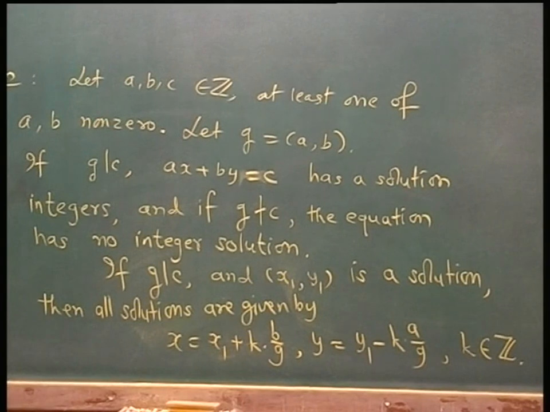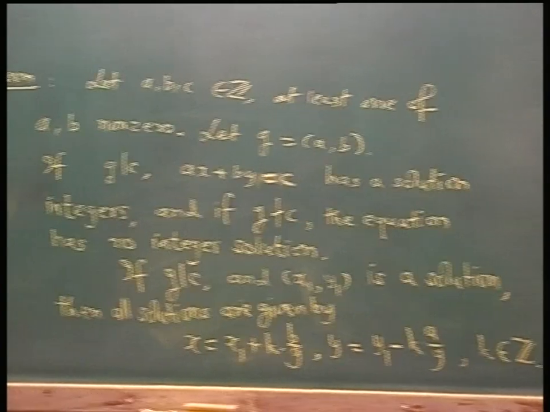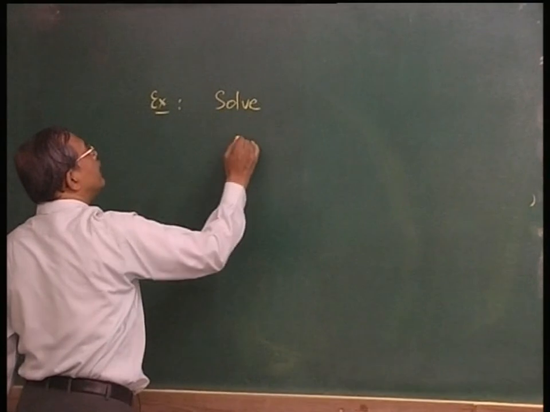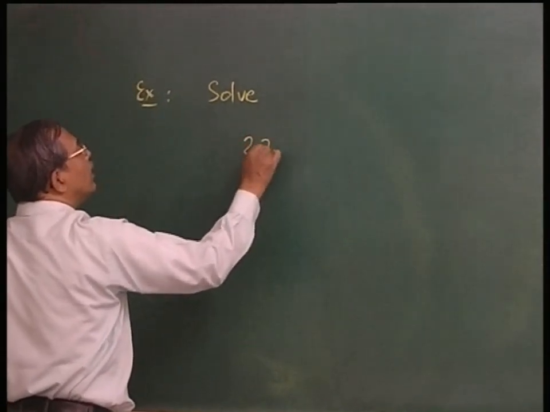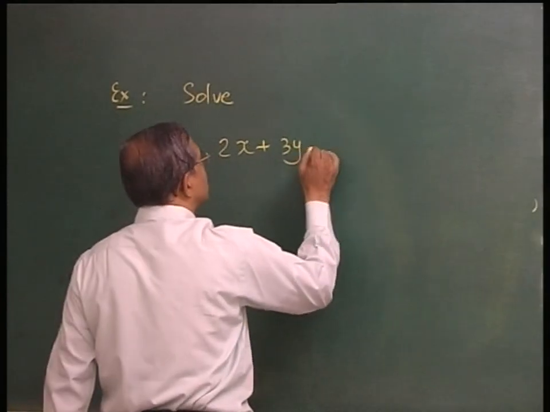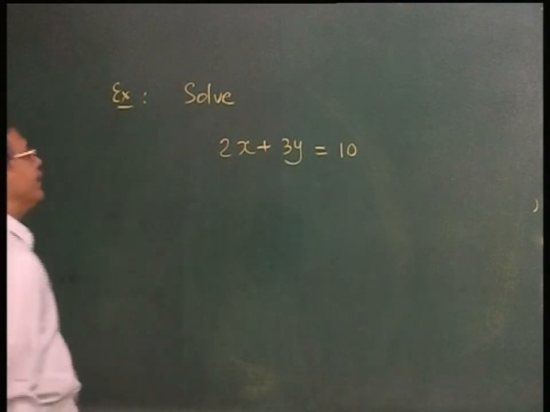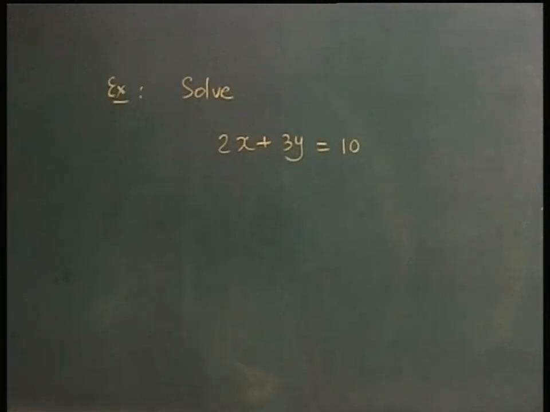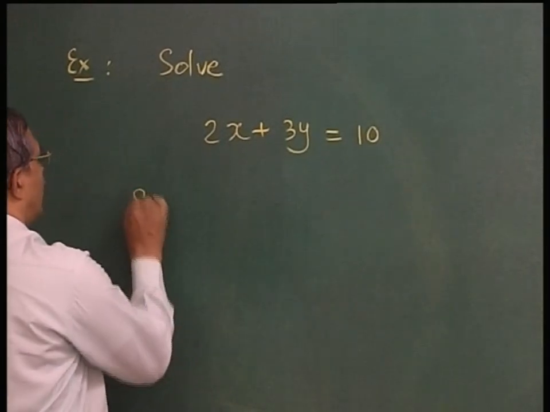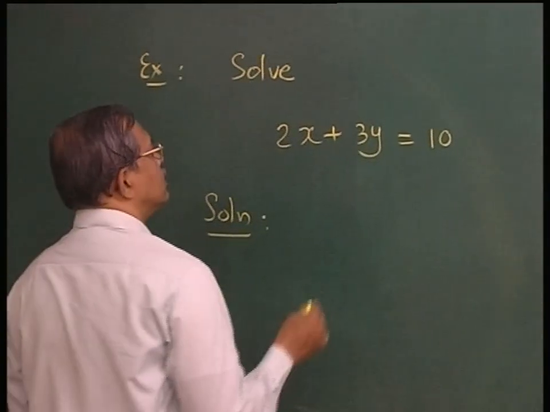So we take a simple example. Solve 2x plus 3y equal to 10. So here you are interested in finding integer solutions.